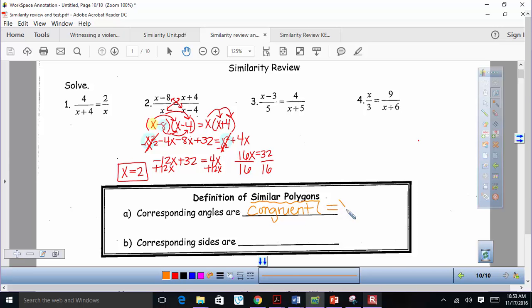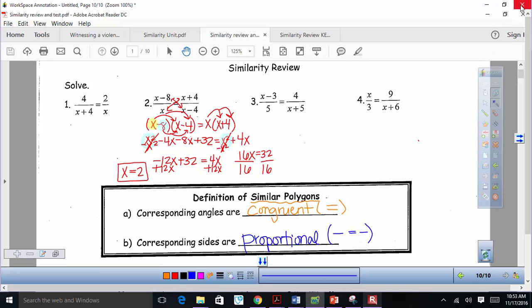So anytime you have angles, you set them equal. What about the sides? They are proportional. Very good. Which means that we are going to set two ratios equal. So I'm going to have a fraction set equal to a fraction. I cross multiply and I solve. All right.